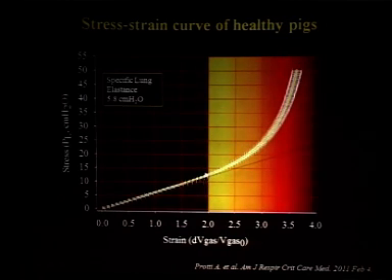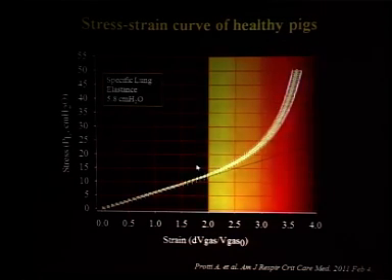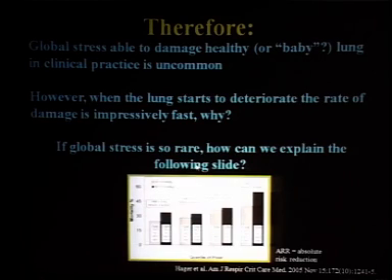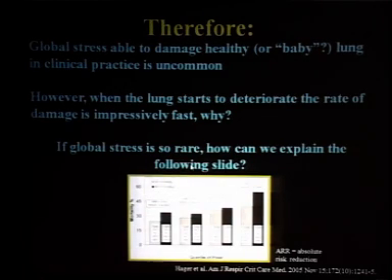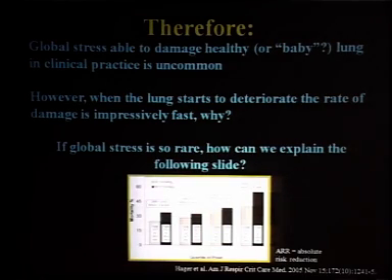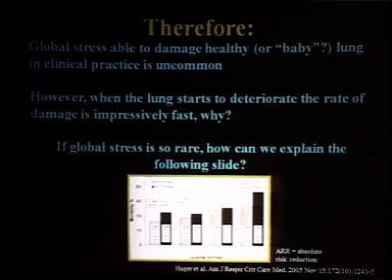But to reach this one, in man, we have to reach a transpulmonary pressure around 20, which is never reached in clinical practice. Because if you look, for example, at the ARDS Network, they found that even in the patients with a bigger lung, so the more healthy patients in this group of ARDS, 6 was better than 12.